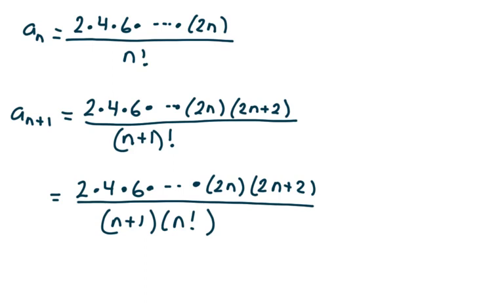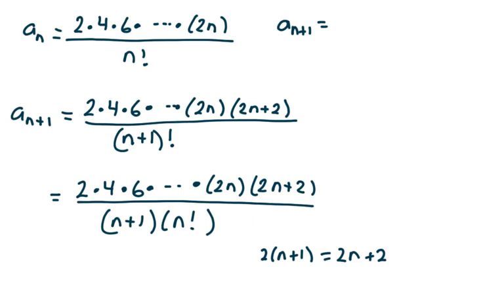And you might wonder what happened here. So if you look at a sub n plus 1, remember that I'm replacing n with n plus 1. And just as a side note, 2 times n plus 1 is 2n plus 2, okay?